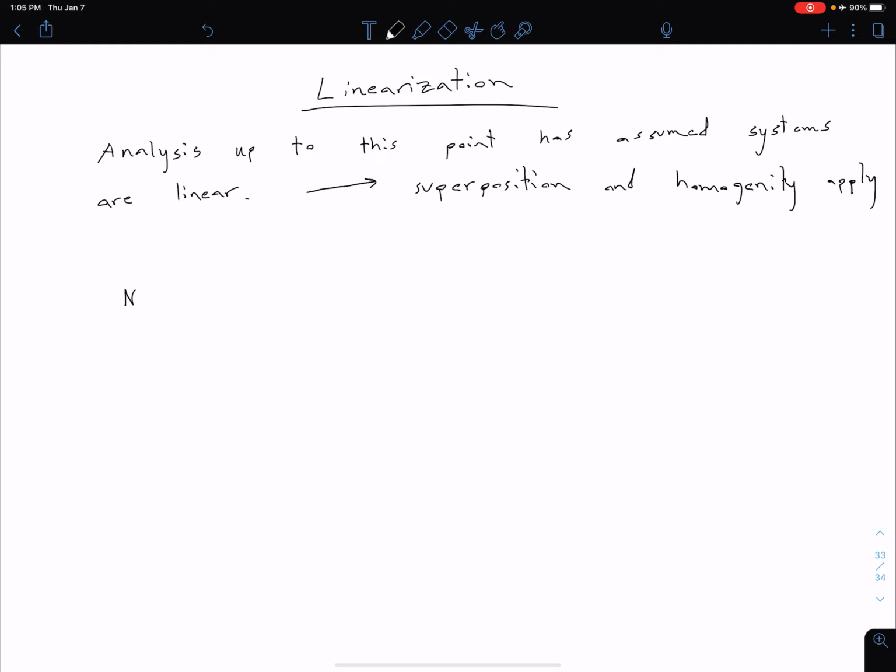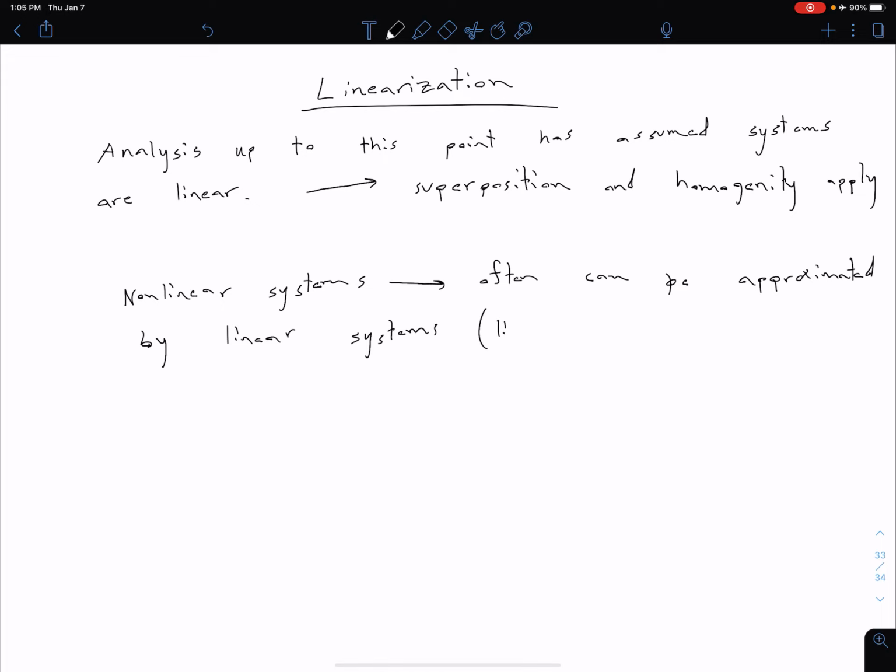But if not, if we have nonlinear systems, often they can be approximated by linear systems. The process of doing this is called linearizing or linearization. So we can linearize a system and approximate it with some linear approximation.